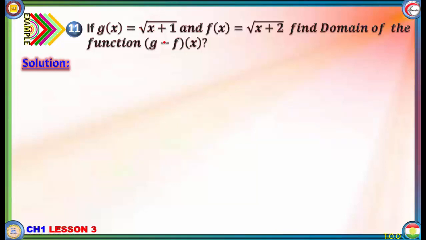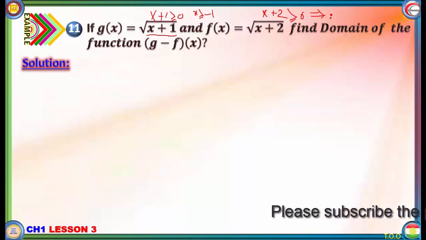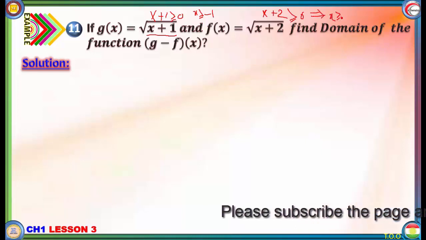For g(x), as you can see, take under the square root x plus 1 bigger or equal to 0. Then x is bigger or equal to minus 1. And here x plus 2 is bigger or equal to 0. That means x is bigger or equal to minus 2.